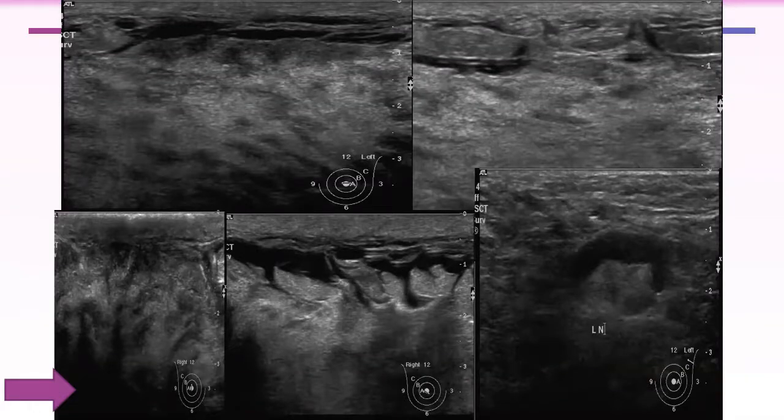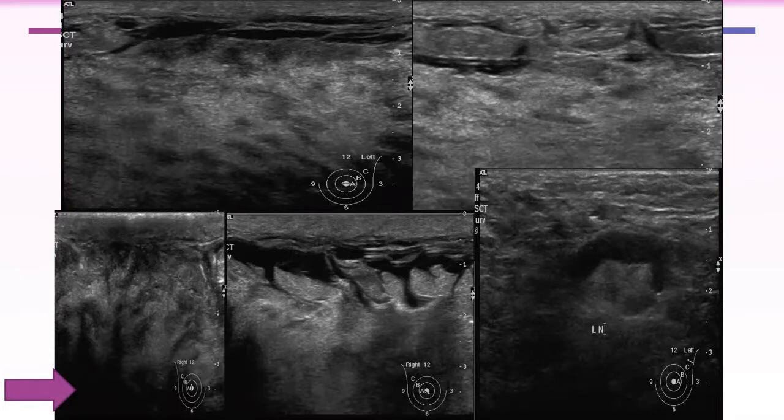Seen bilaterally, what is your differential diagnosis? Quickly. Could be lymphoma. Excellent, well done. Lymphoma, and it could be bilateral inflammatory carcinoma. Could be bilateral lobular carcinoma. Even lobular can give you extensive edema and this diffuse process.